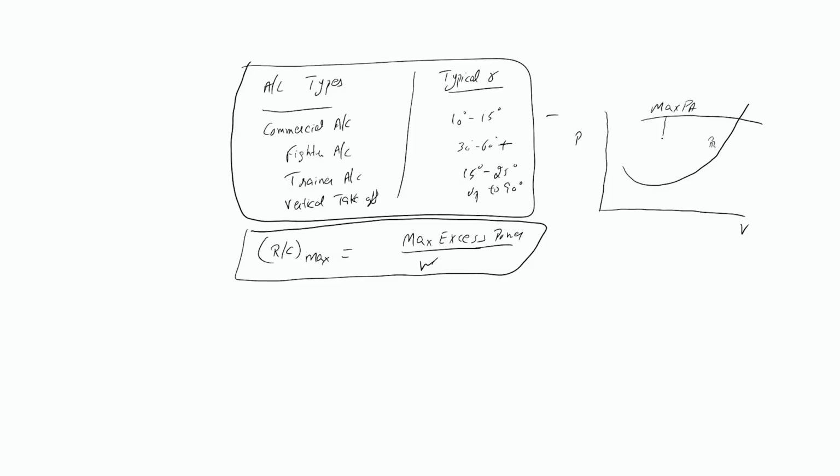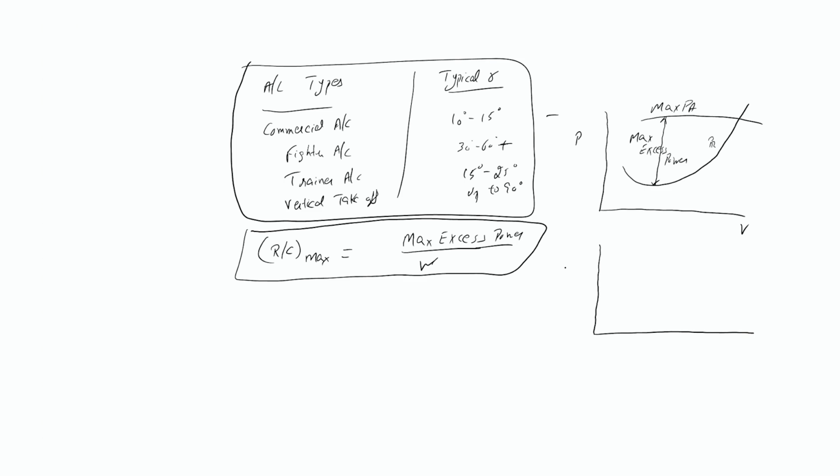Alright, so this is the velocity at which we have maximum excess power. This will again be at a particular altitude, as I explained in the previous class.